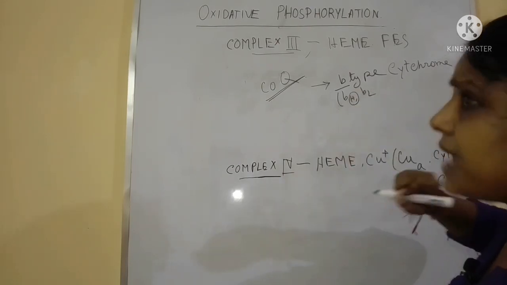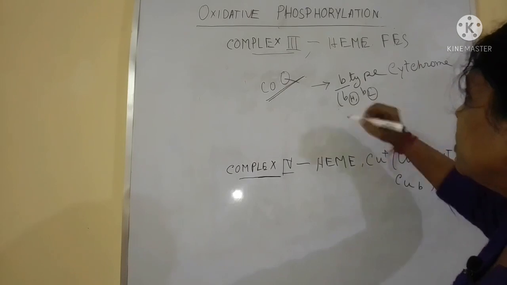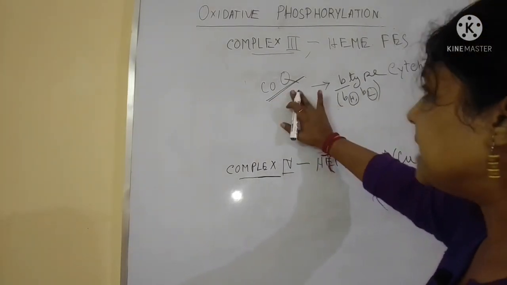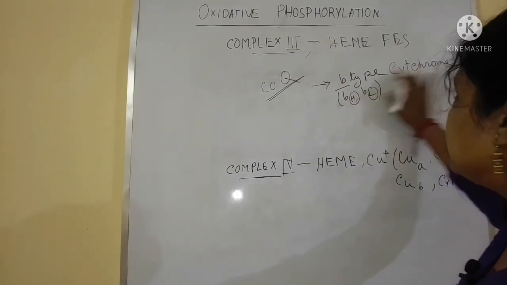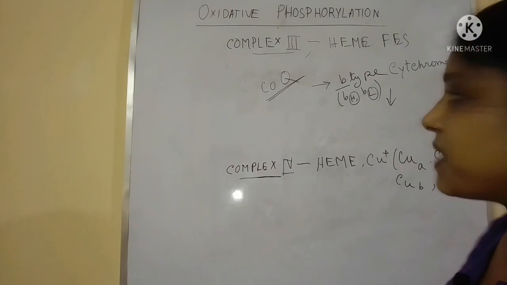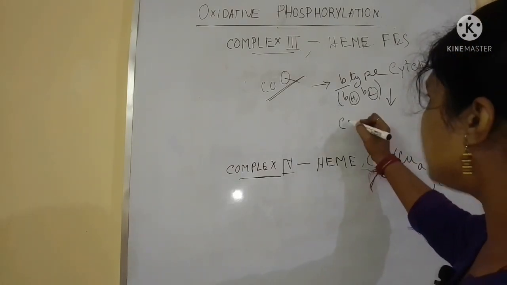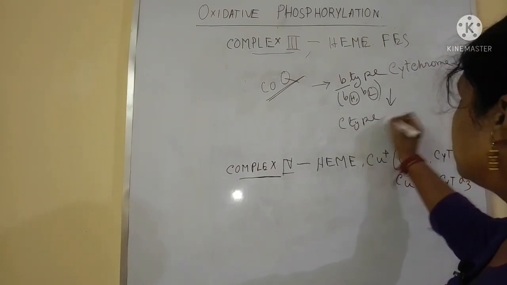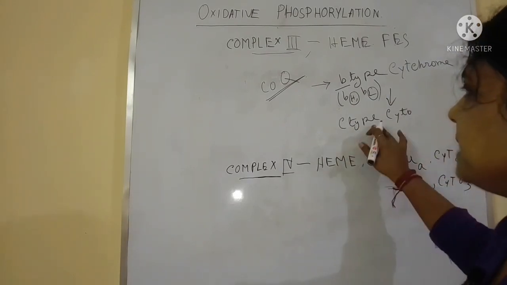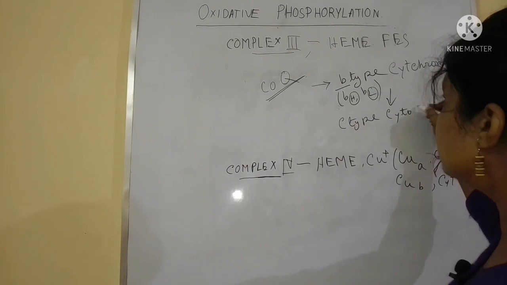H for high affinity and L for low affinity. Okay. First of all, CoQ transfers the electron to the B-type cytochrome. From here, the electrons are transferred to the C-type cytochrome. Okay? C-type cytochrome, that means cyto C1.